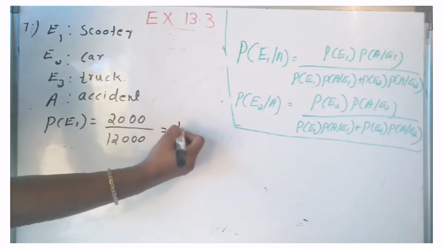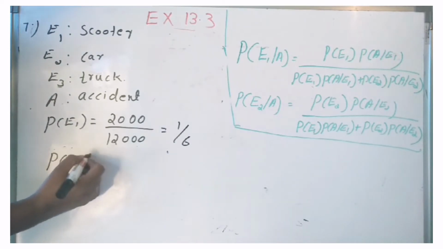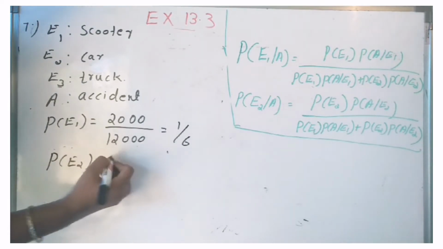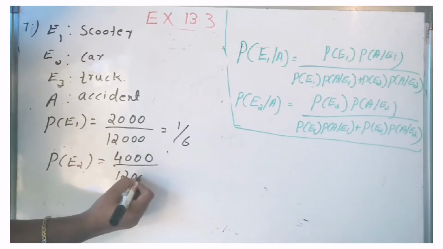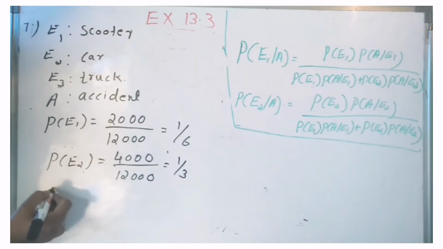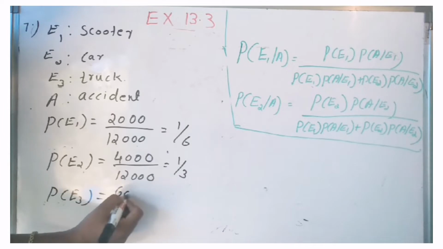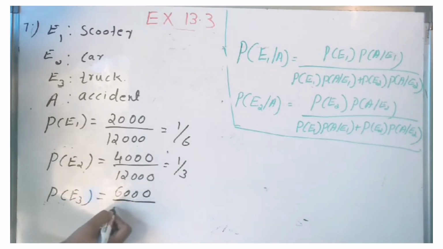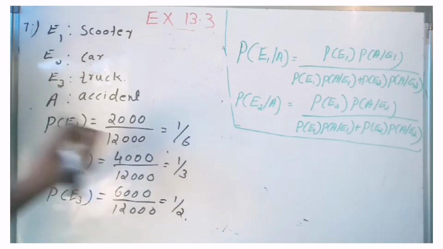This is equal to 1 by 6. Now P of E2 is equal to 4,000 divided by 12,000, that is equal to 1 by 3. Now P of E3 is equal to 6,000 divided by 12,000, that is equal to 1 by 2.